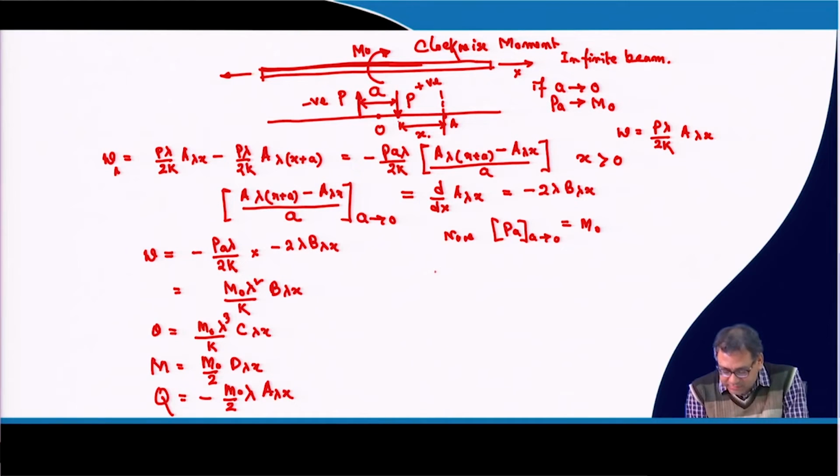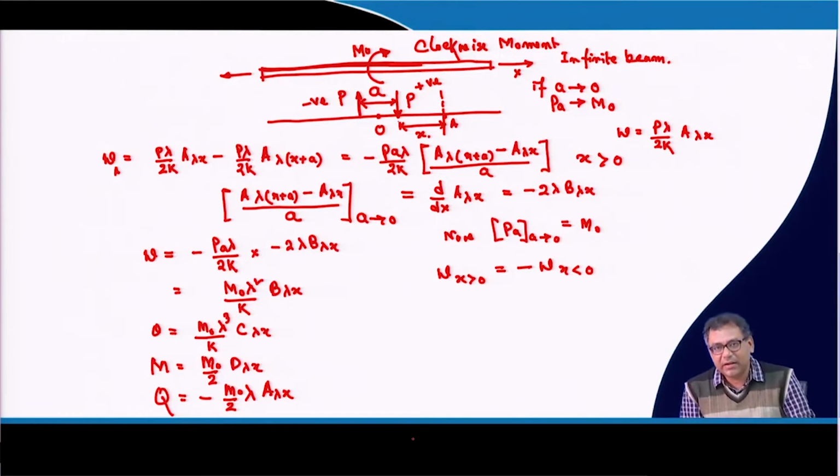Now, in this case, w for x greater than 0 will be equal to minus w for x less than 0. That means, on the other side, in the previous concentrated load case, the deflection and the bending moment had no change in sign. But now there will be opposite sign in case of deflection and bending moment, while the slope and the shear force will remain the same.